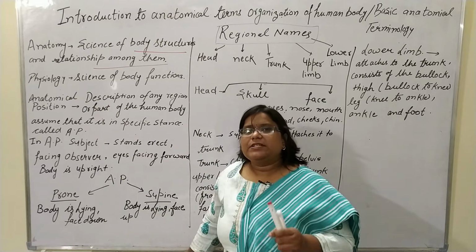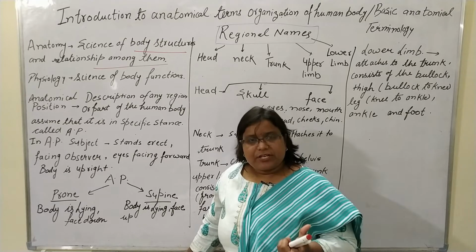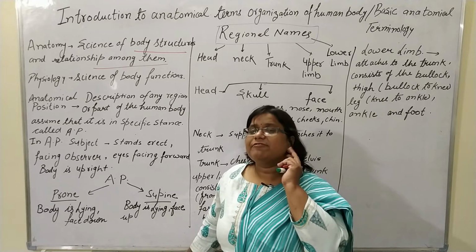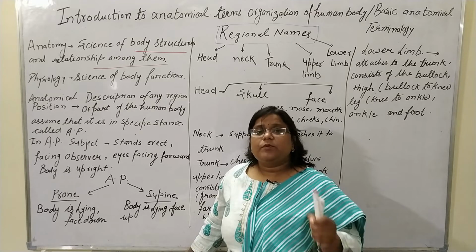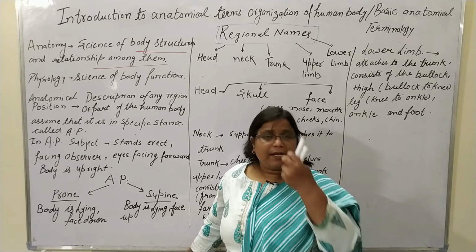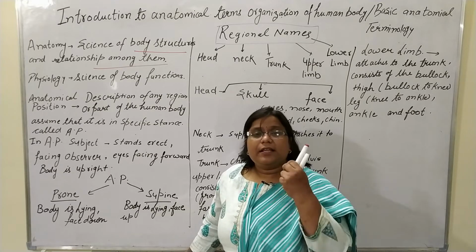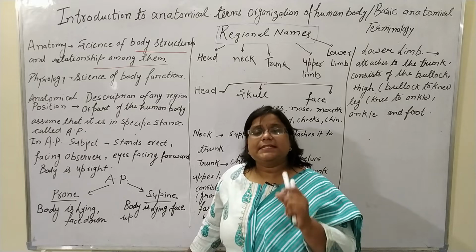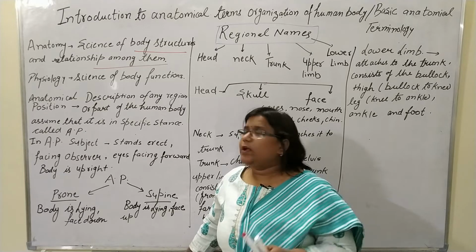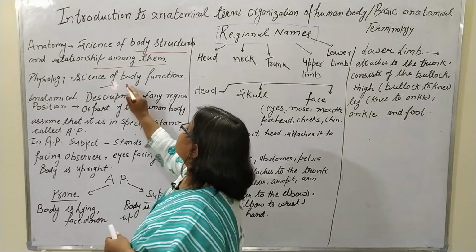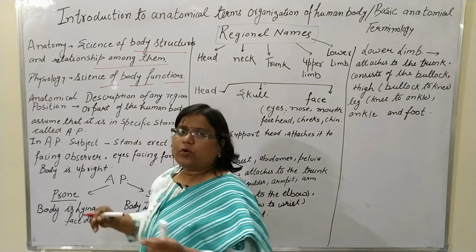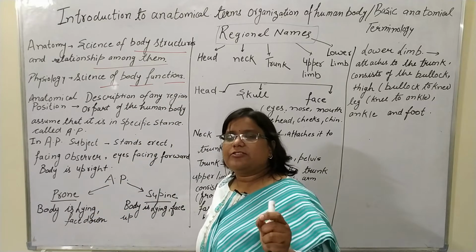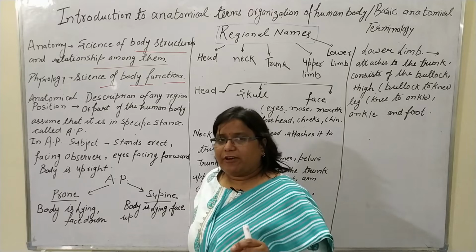In physiology we will study body functioning. Suppose we study the physiology of the ear, it means we want to study how our ear helps us to listen to any sound. So it is the science of body function, and in physiology we study the body functions.